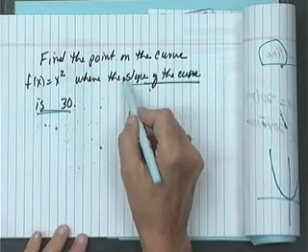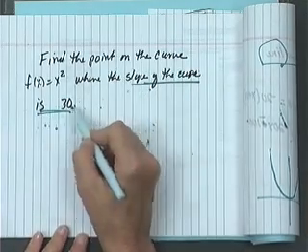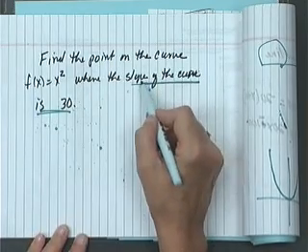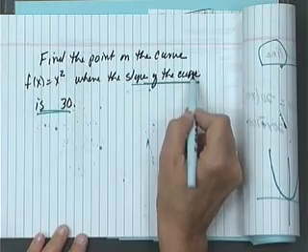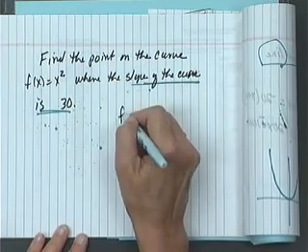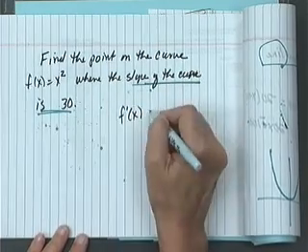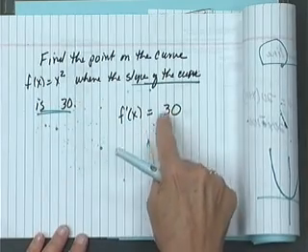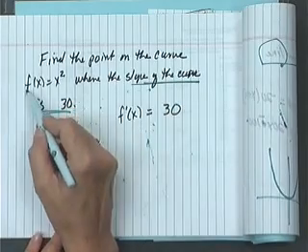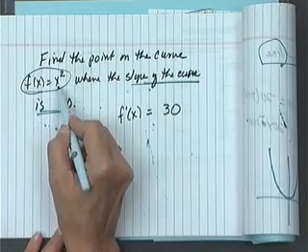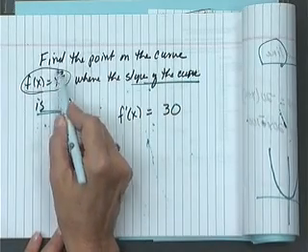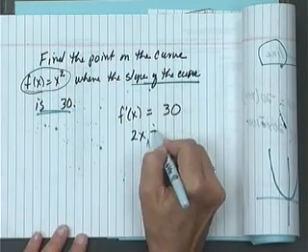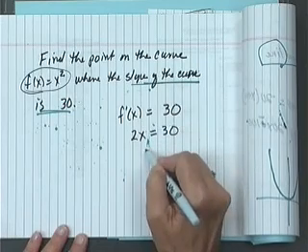All right, are you starting with the words slope is 30? How do you translate is in math? Equal. All right, how do you translate slope of curve? The derivative is 30. Do we know the derivative of x squared? Yes. Using the power rule, that is 2x is 30.